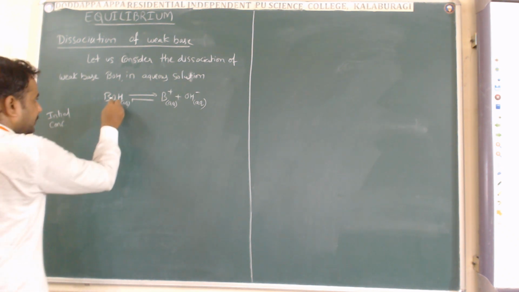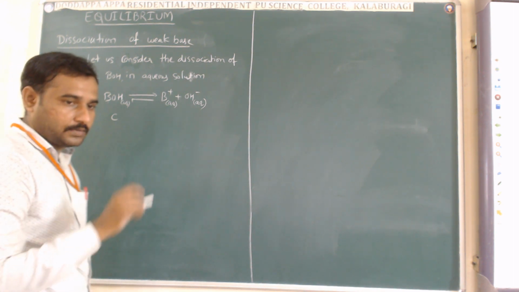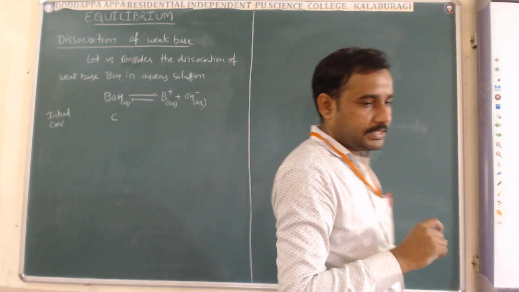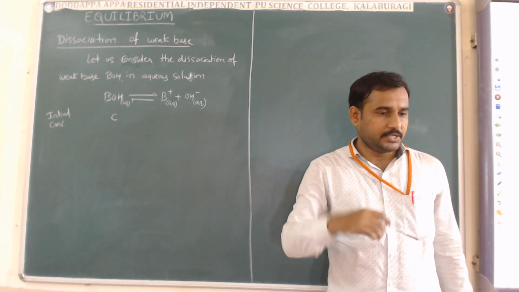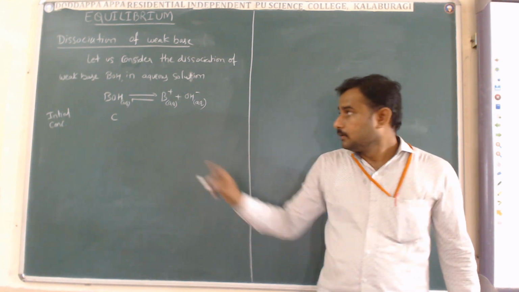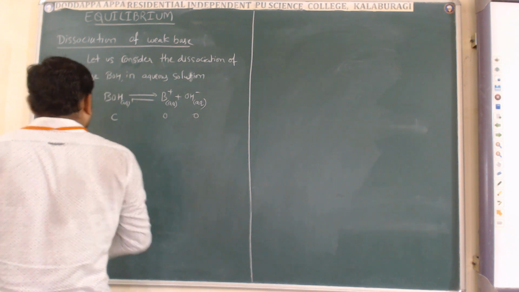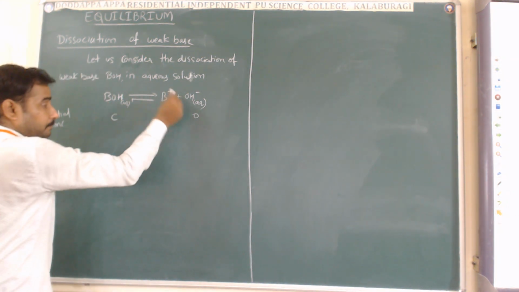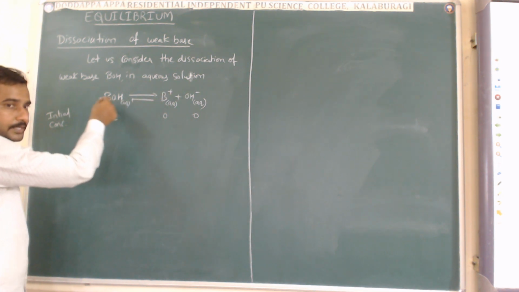The initial concentration of BOH will be C on the reactant side. On the product side it is not formed initially, so the product concentration is 0.